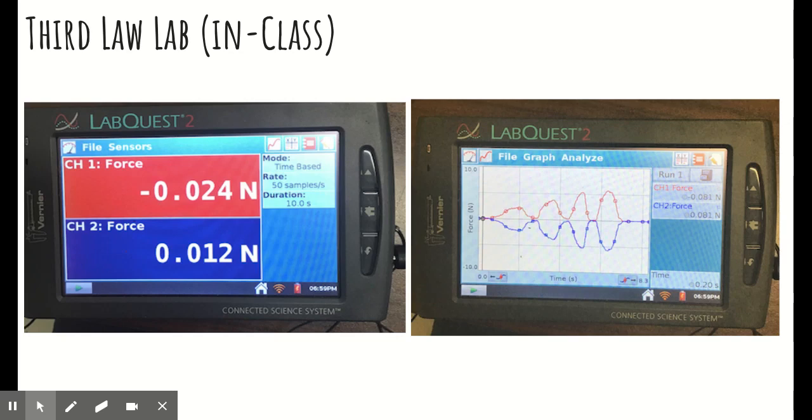We had two force sensors connected to one another, and we pulled them in opposite directions, and then we did that with a few different materials, holding them together, and then we did that with bumpers on them and pushing them together. So what we used was the LabQuest and all the Vernier equipment. So what we had here were the sensors. We had the force sensors in the positive and negative direction, and then we get our graphs.